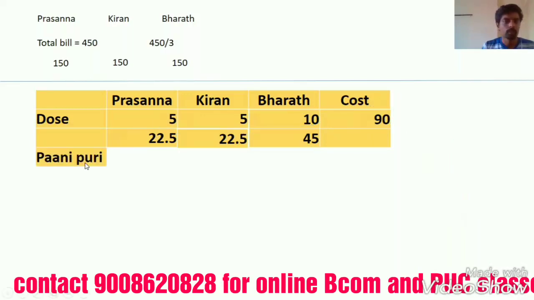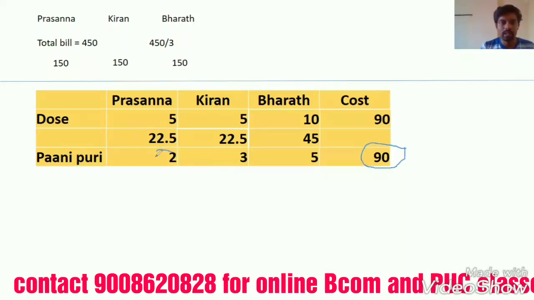Then after those, we had pani puri. We paid 90 rupees for the pani puri. I ate 2 puris, Kiran ate 3 puris, and Bakasura Bharat ate 5 puris. So 2 plus 3 plus 5 is 10 puris for 90 rupees. 90 divided by 10 is 9 rupees, so the cost of one puri is 9.